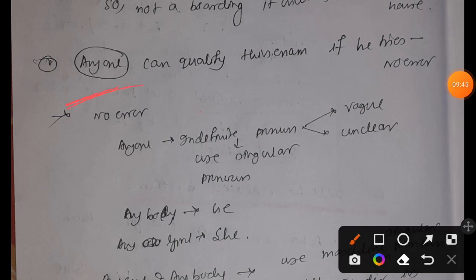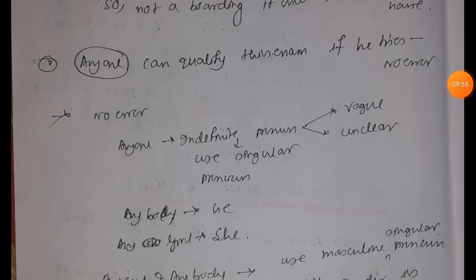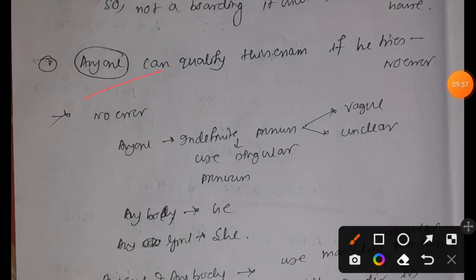Similarly, if the sentence is, any girl can qualify this exam if he tries, then there will be an error, because we are already mentioning the gender. So how could you use he here? Here it will be she instead, right?